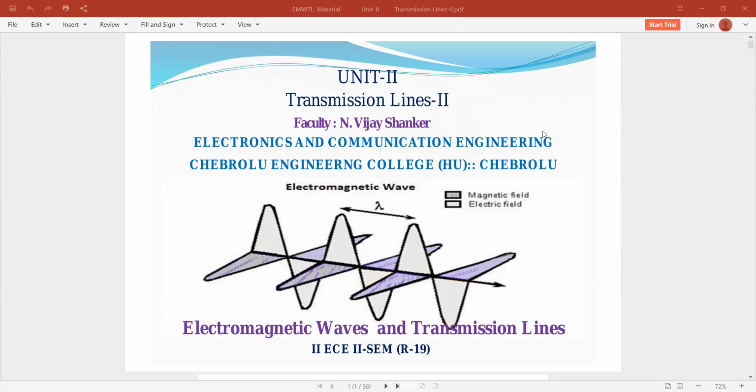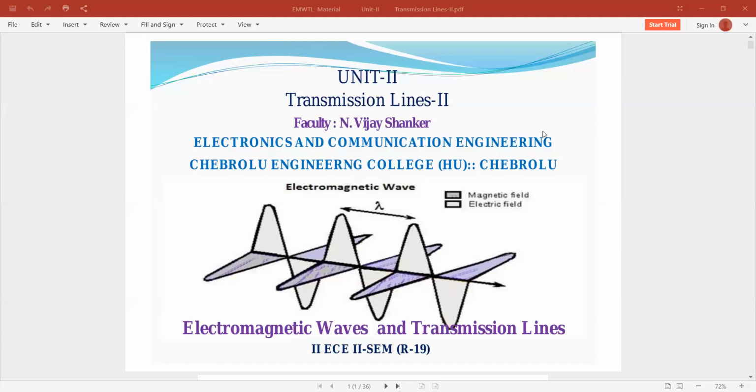Today, I am going to discuss Smith charts in transmission lines, part 2. In the last class, we discussed stubs and the lambda by 8 wave line, quarter wave line and half wave line impedances, with transmission line lengths of lambda by 8, lambda by 4, and lambda by 2, and also the single stub.